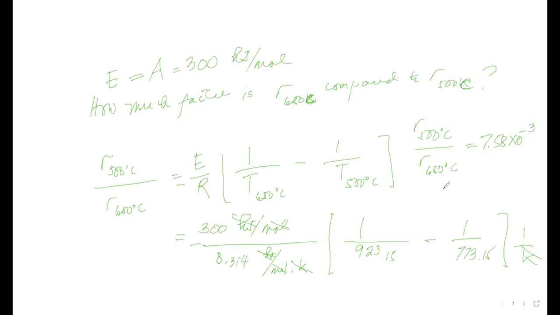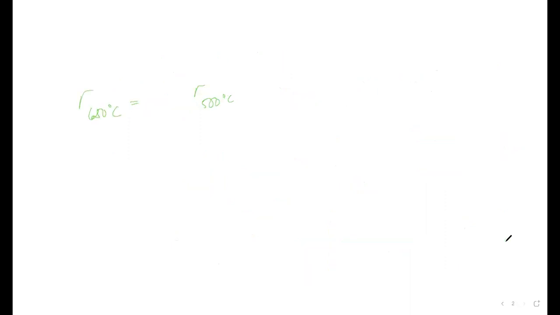So your rate at 650 degrees C is what? 7.8 faster? No, it should be the reciprocal. Let me go back. You place it here, you place it there, so it would be how many times that of at 500. This 7.58 should be transferred here.